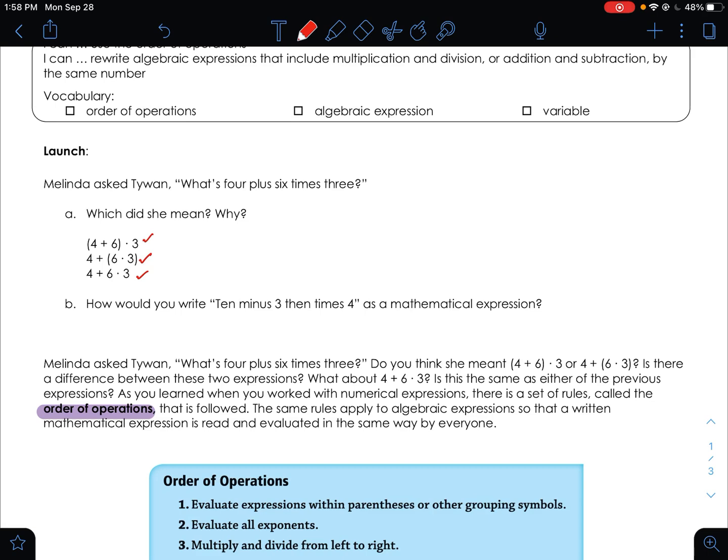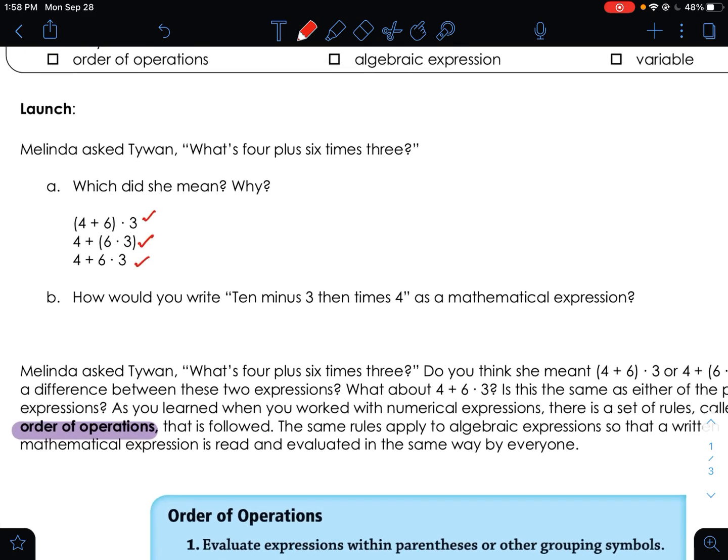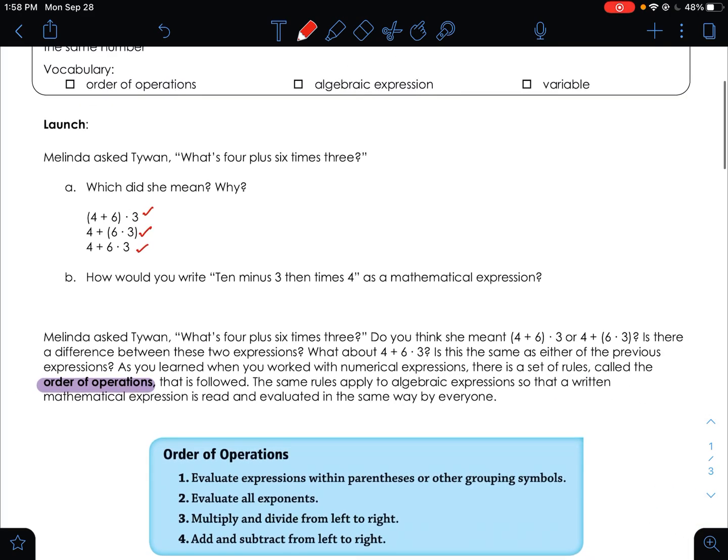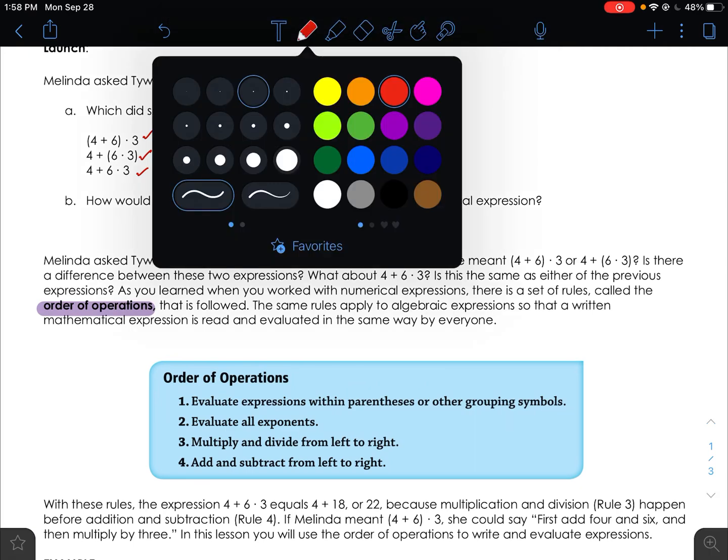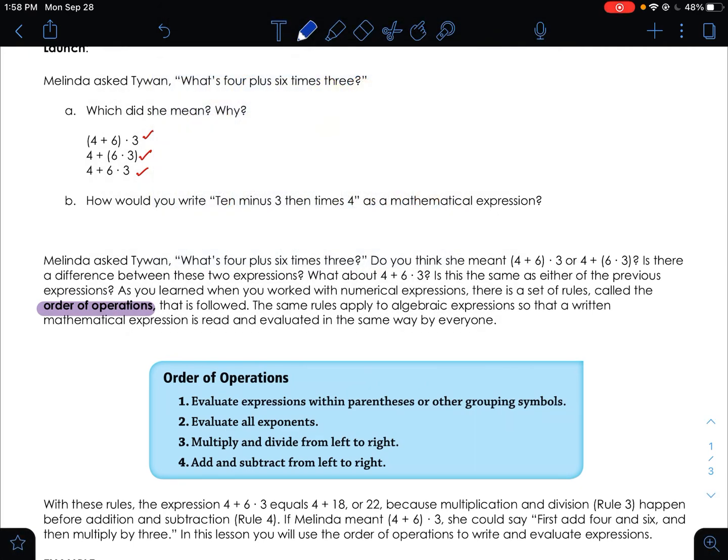So in all instances, it comes down to what exactly Melinda was asking and how she said it. That brings us to the next question: how would you write 10 minus 3 then times 4 as a mathematical expression?